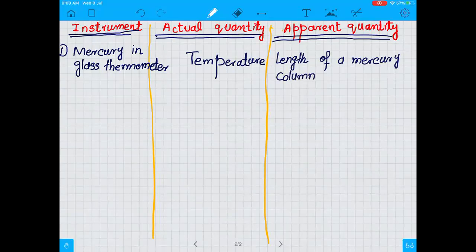So the length of a mercury column is converted to temperature by proper calibration.